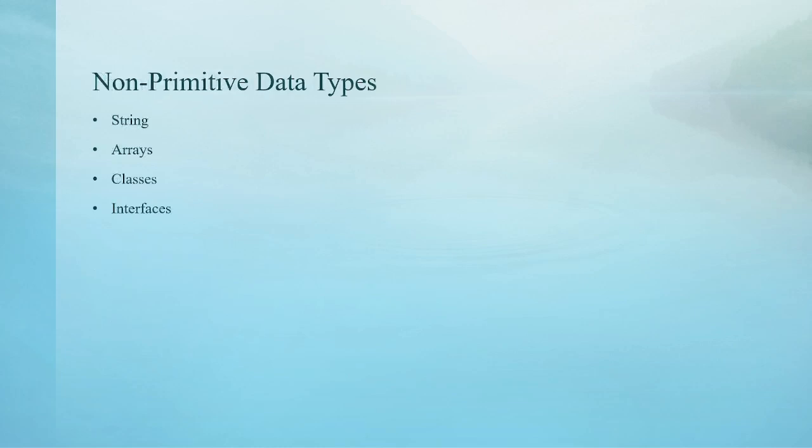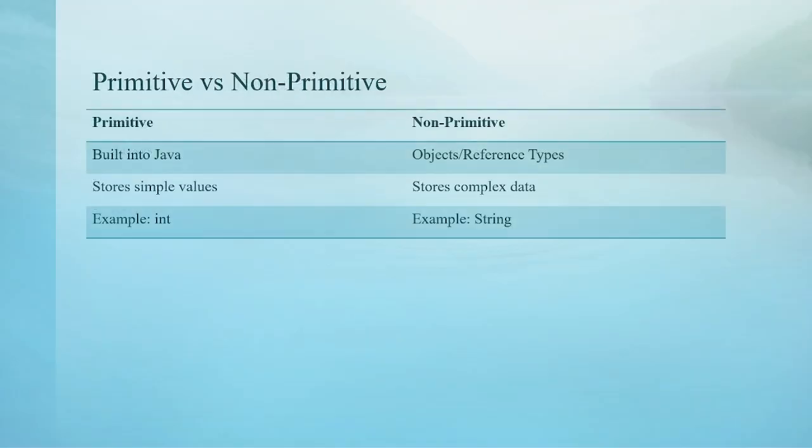Next, we have non-primitive data types. These are used to store complex data. Some examples are string, arrays, classes, and interfaces. For example, if I want to store a person's name, we use the String data type. Then what is the difference between primitive and non-primitive?